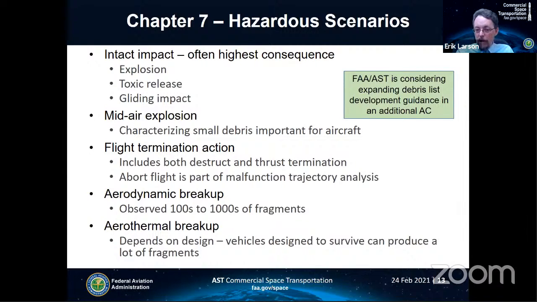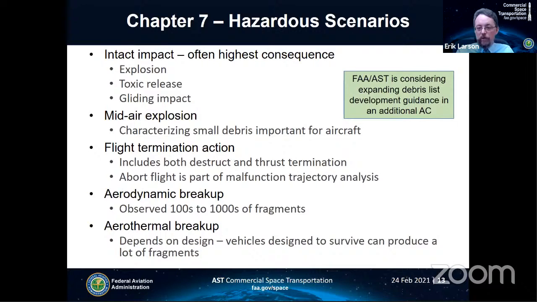For aerodynamic breakup, we have observed from some events hundreds to even thousands of fragments resulting from an aerodynamic breakup during descent, or a vehicle powered and once it exceeds its structural limits. And then for vehicles re-entering from high altitudes, you also have to deal with aerothermal heating, and this can cause the breakup of the vehicle.